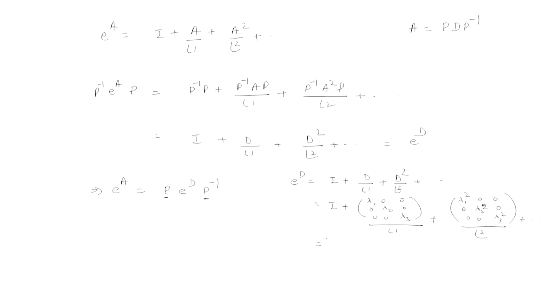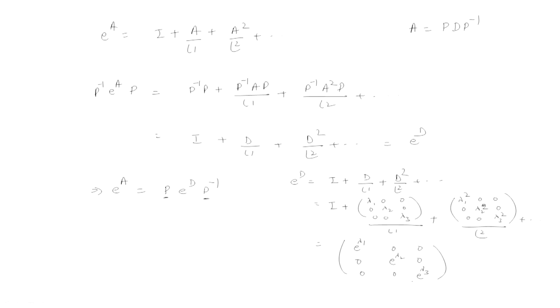When you club all these terms, the first term is 1 plus lambda 1 upon factorial 1, lambda 1 square upon factorial 2, lambda 1 cube upon factorial 3 and so on, which is nothing but E raised to power lambda 1. The second term is 0 throughout, then E raised to power lambda 2, 0, 0, 0, E raised to power lambda 3.